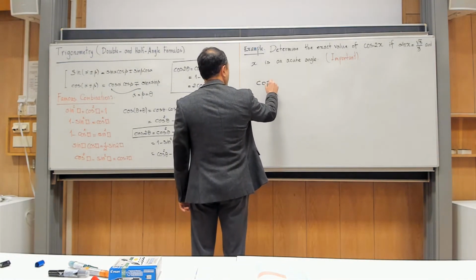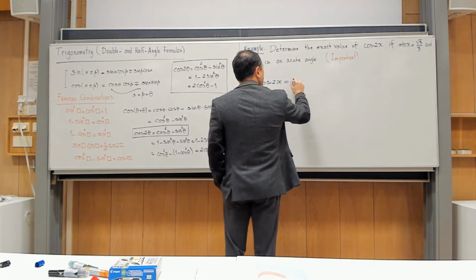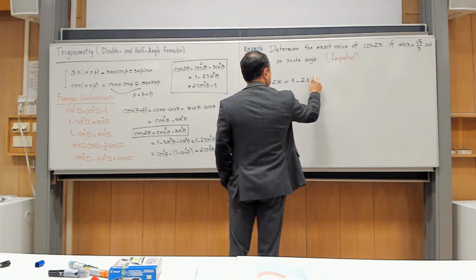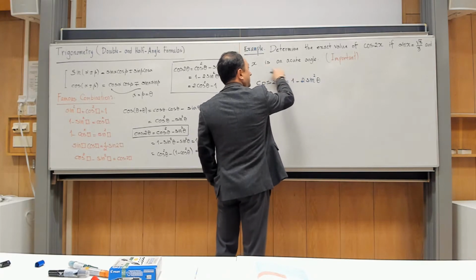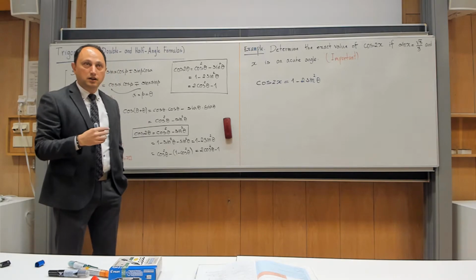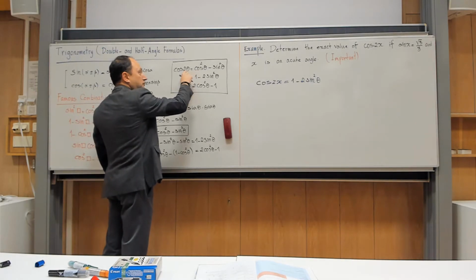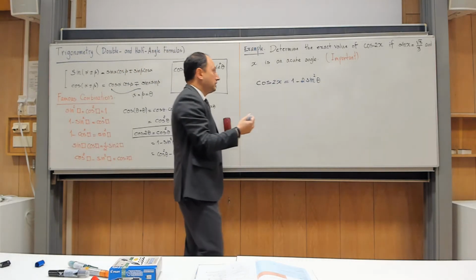So I would write cosine 2x is equal to 1 minus 2 sine squared. And then you see that this piece of information is actually not needed here, unless you insist on solving the problem using this or that. So choosing the right formula is really good.